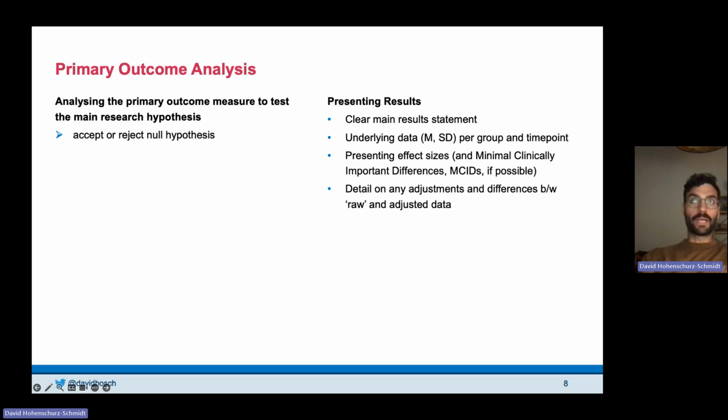If they are available, and they not always are available, minimal clinically important differences should also be discussed. How statistical analyses were adjusted should be reported, and ideally you have access to the raw or unadjusted data. We're going to go into adjustments or controlling for confounding variables in a second. That will make more sense then.